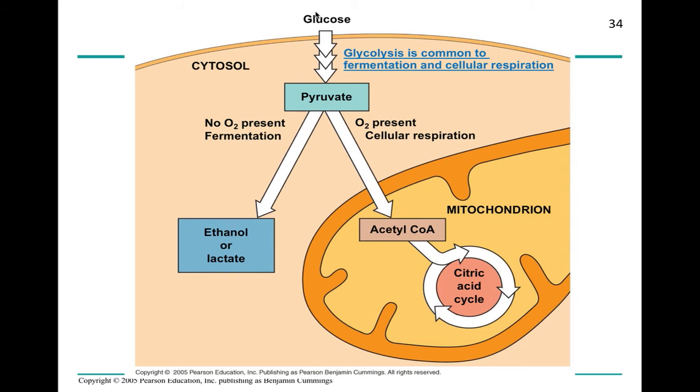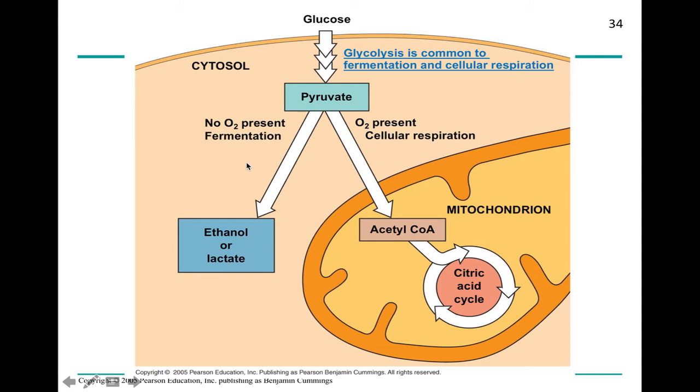If there is oxygen in a cell, whether it is bacteria or eukaryotic cell, then the pyruvate is going to be oxidized further and going to participate in citric acid cycle. If there is no oxygen, then pyruvate will not be drawn into mitochondria or taken through pyruvate oxidation and the citric acid cycle, and pyruvate will undergo fermentation.